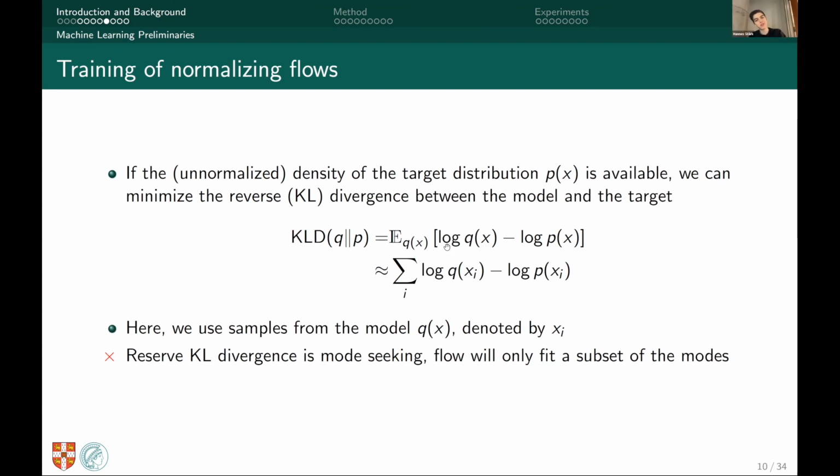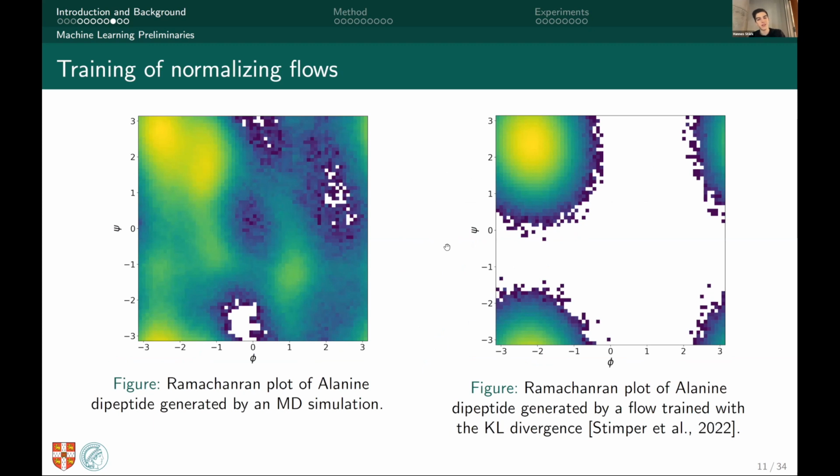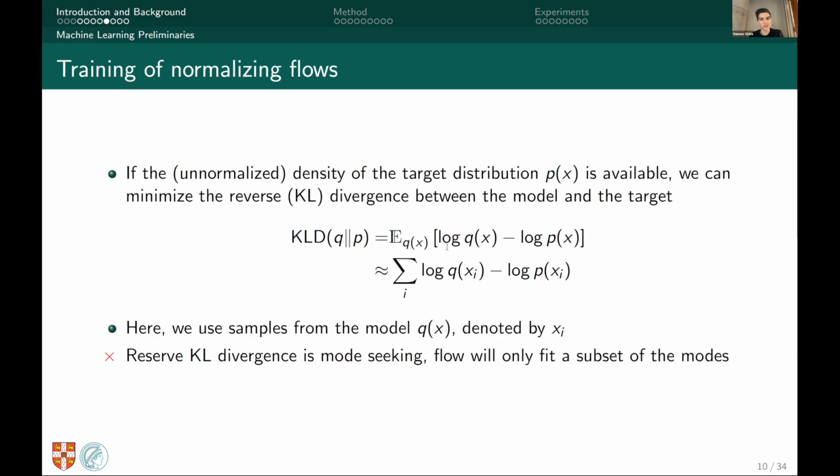Could you also say some words on why we don't need the normalized density of the target distribution for this objective? Oh yeah, this is true. I've written this on the slide. If P were unnormalized, then in this objective you would have some additional normalization constant as a factor in front of P. But if you apply the logarithm, this can be turned into a sum.